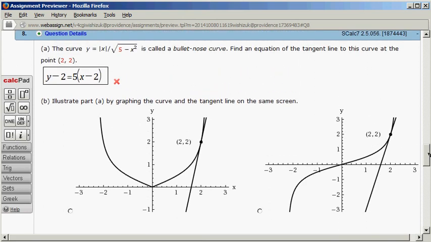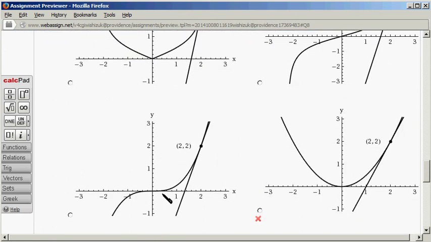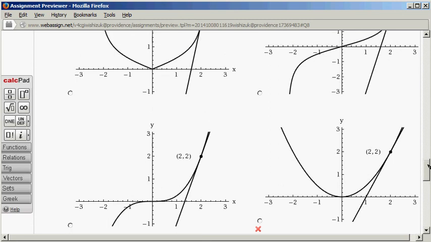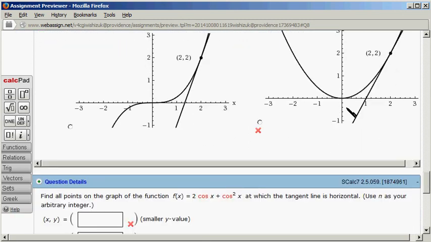You can see that this is an absolute value, so it's never negative, so it never goes below the x-axis. This is not going to be it, and this is not going to be it. So it's going to be either this one or that one.